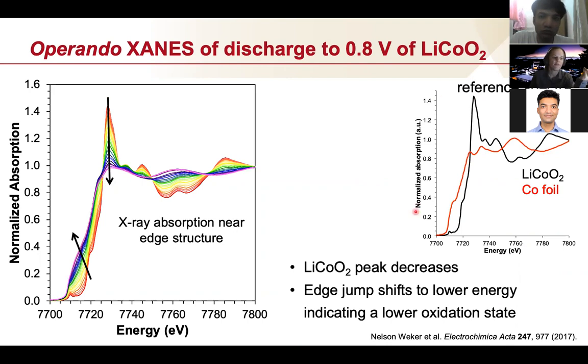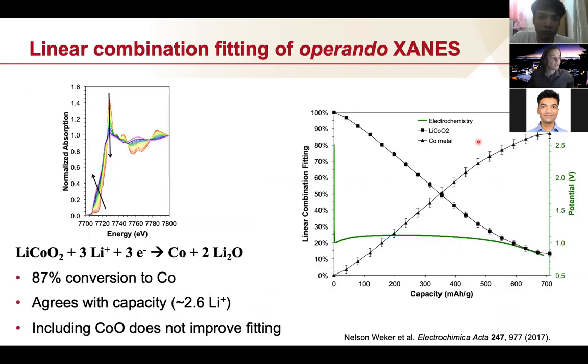Now, because we have these reference spectra, and we know them very well, we also have an idea of what chemistries to expect. We can do linear combination fitting and fit all of these spectra to either lithium cobalt oxide or cobalt metal, or some weighting between them.